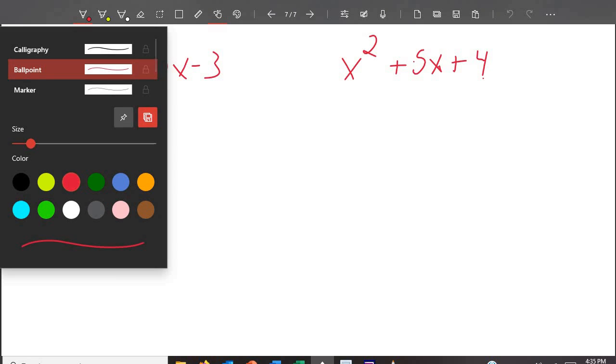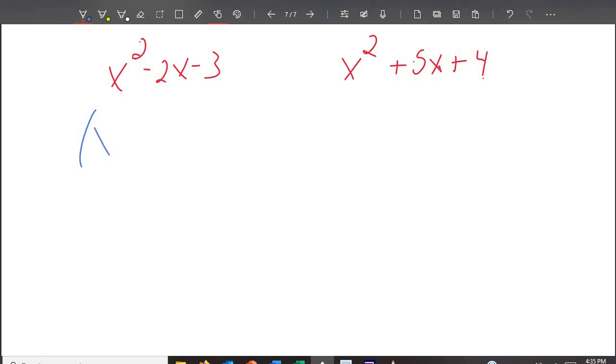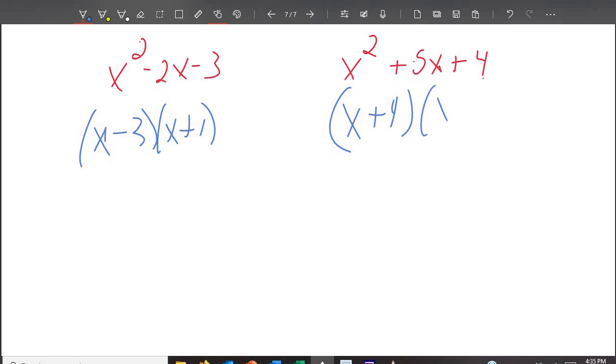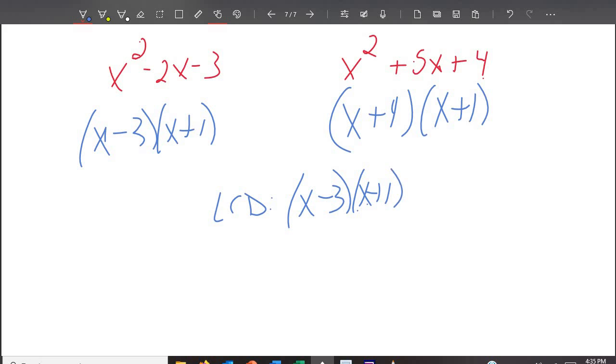All right, let's do this one. x minus 3, x plus 1, x plus 4, x plus 1. All right, so the LCD will have to include the x minus 3 and the x plus 1.